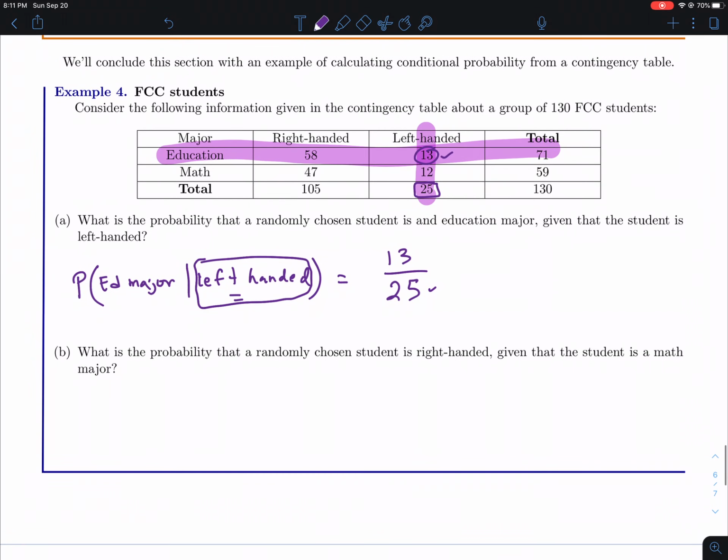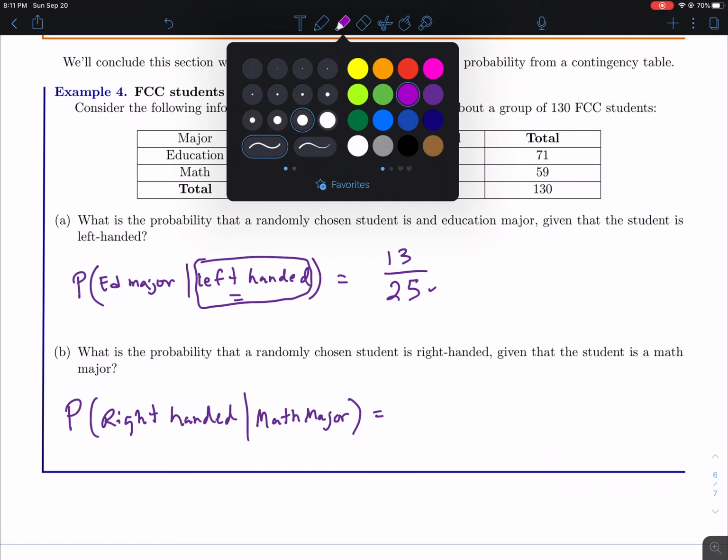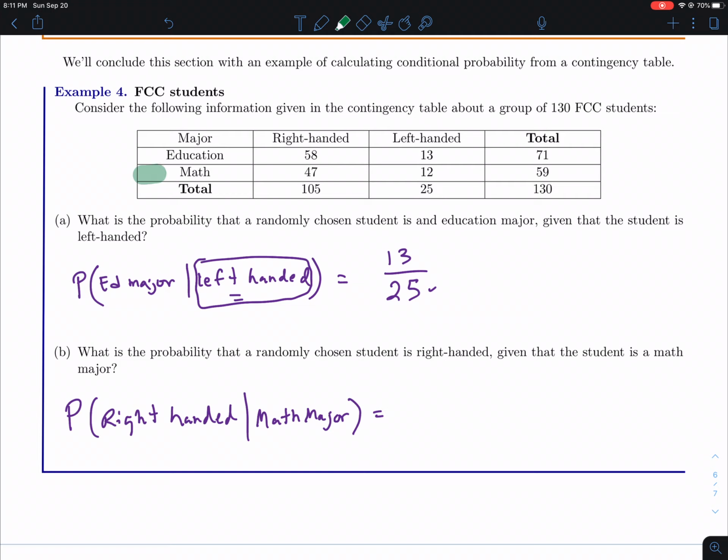All right, so let's look at B. What's the probability that a randomly chosen student is right-handed, given that the student is a math major? So again, in this case, let me clear out all these marks. So now we want them to be a math major.